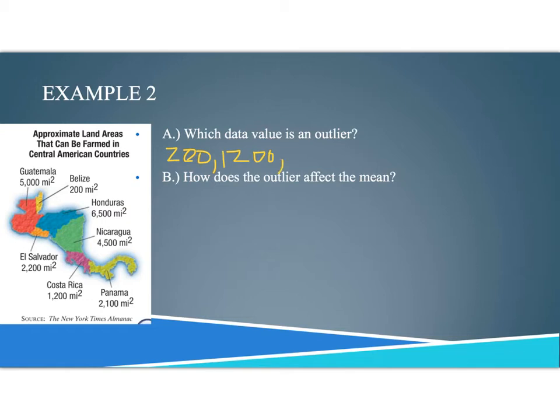Then we're going to look at Panama. That's 2,100 square miles. Then we have El Salvador at 2,200 square miles. And then it looks like we go to Nicaragua, which is 4,500.